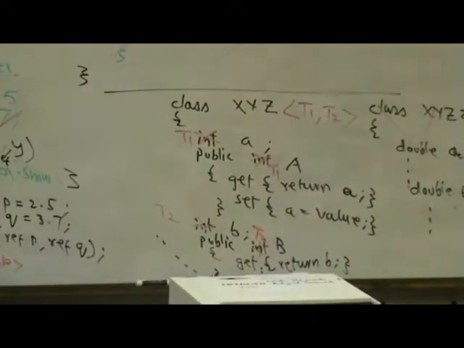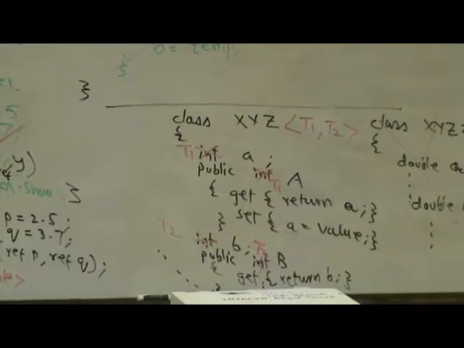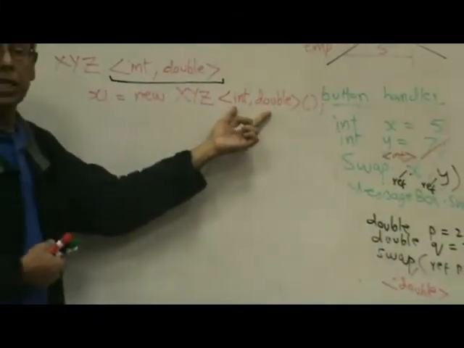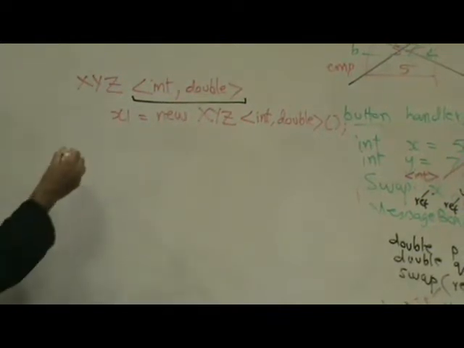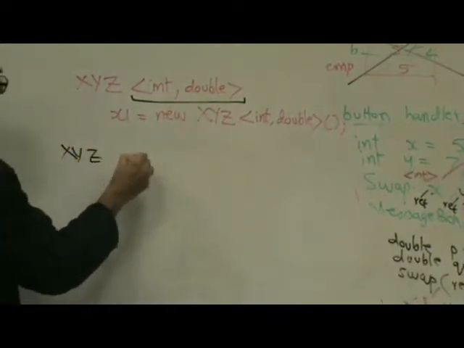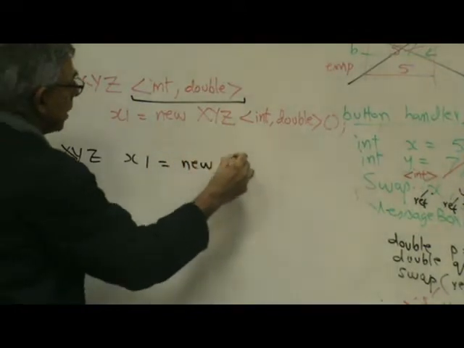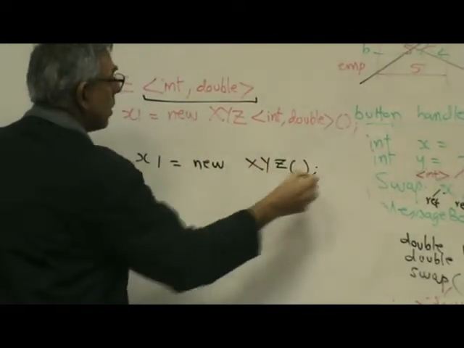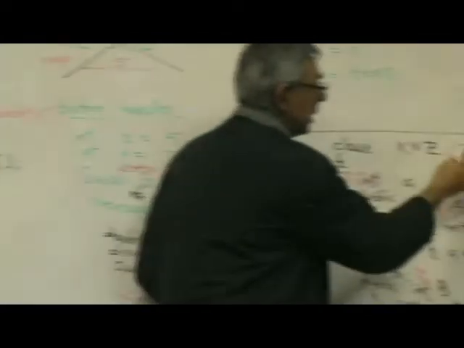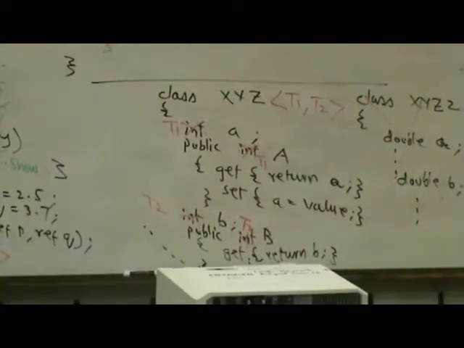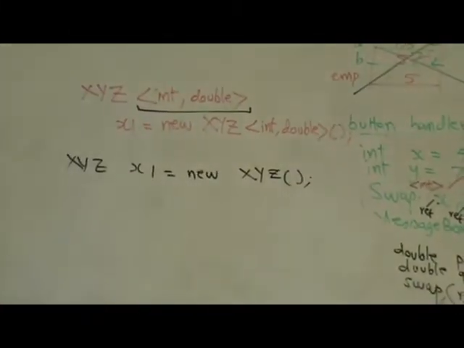So invoking a generic class requires an extra specification. If it's a non-generic class, we will simply say new XYZ. But because XYZ is a generic class, we have to indicate what should be T1 and what should be T2. So that's the extra part that comes when we create an object of the class.